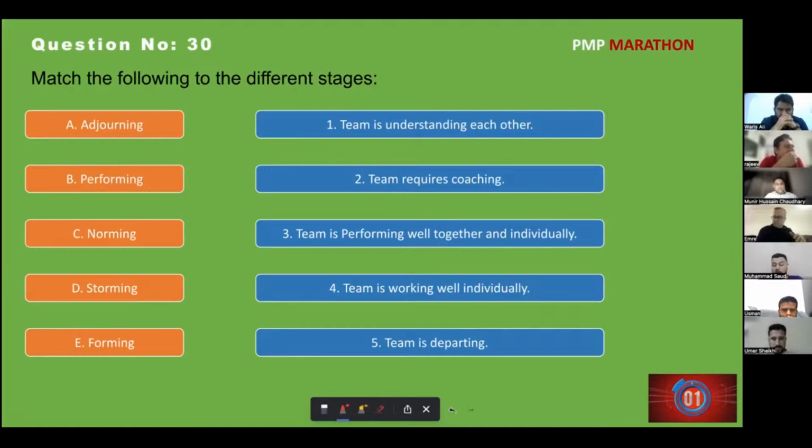And then we come to storming. D, storming, is team requires coaching.